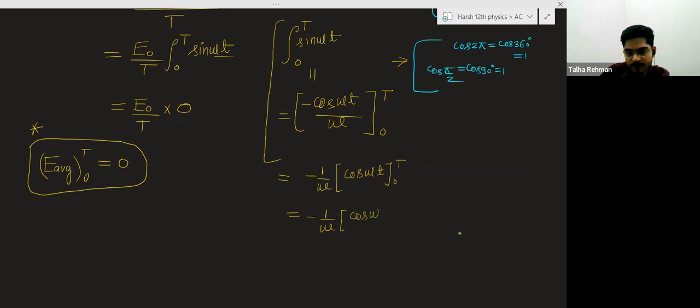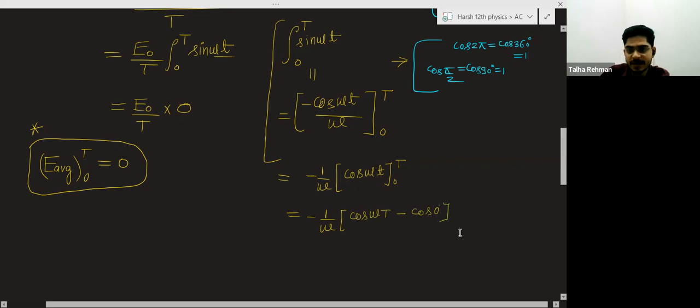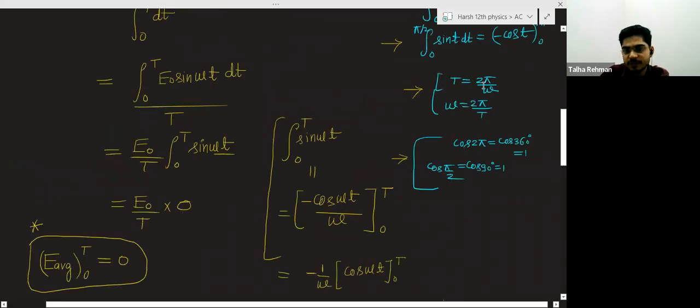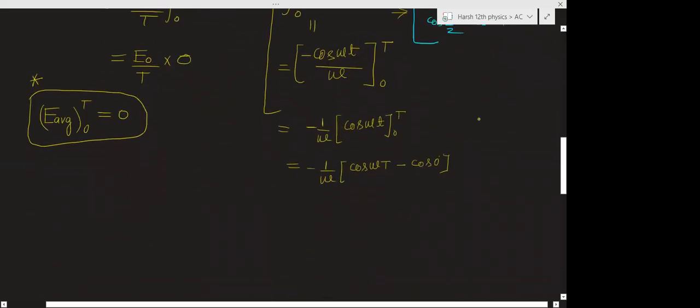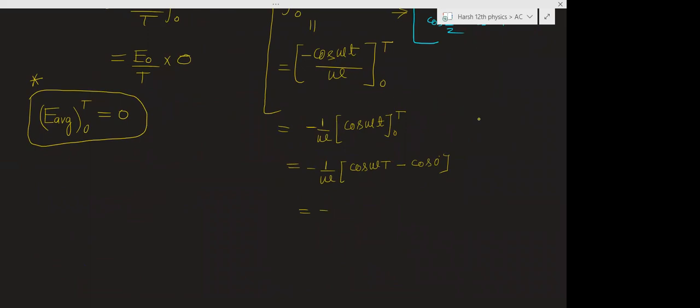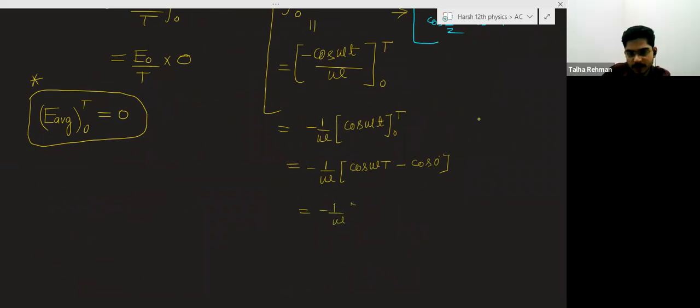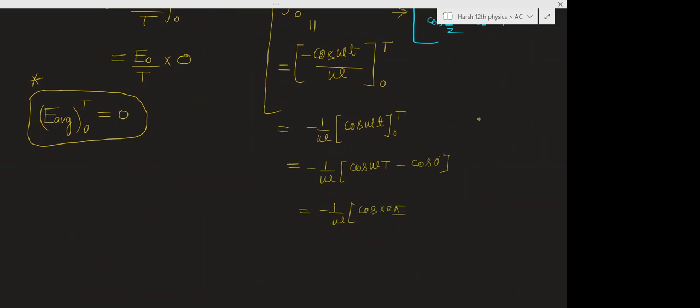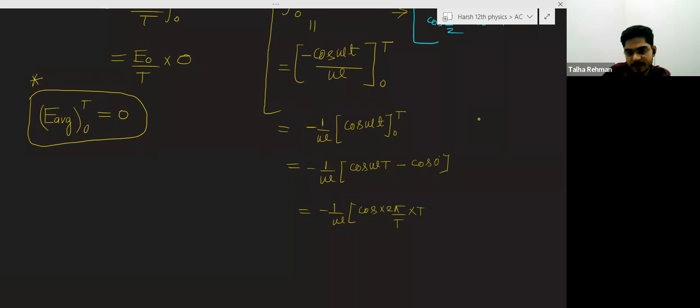This is cos omega into T minus cos 0. And I have already written here T is equal to 2 pi by omega, or omega is equal to 2 pi by T. So we will use this here: 1 by omega, and this is cos, so omega you can write as 2 pi by T multiplied by T, and this is cos 0.